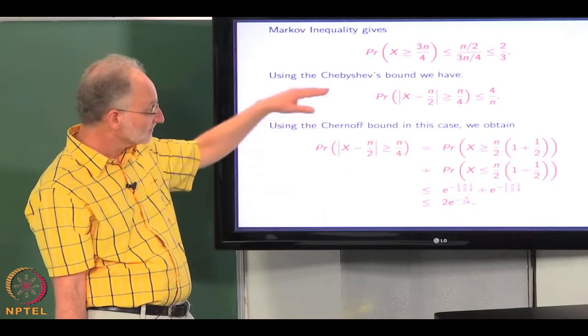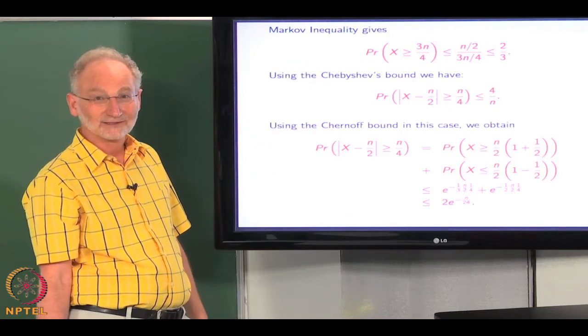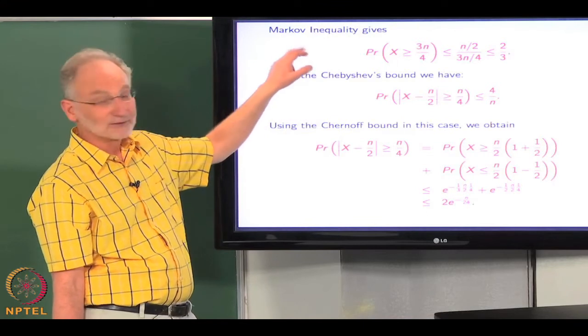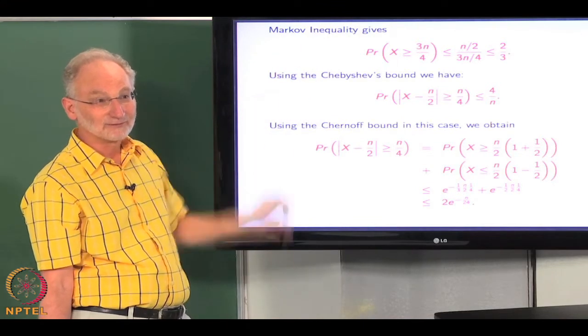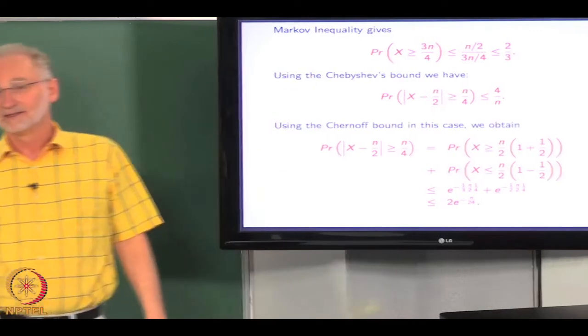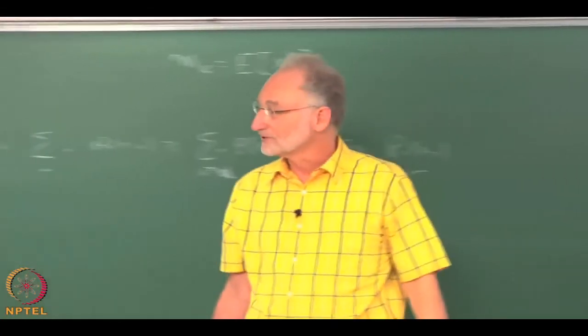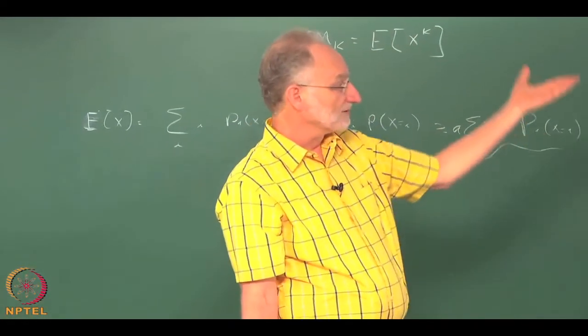So that's a significant jump between these bounds. But the beauty is that they all build on the Markov inequality that is so weak on its own. So that's the basic Chernoff bound and the comparison of the bounds.